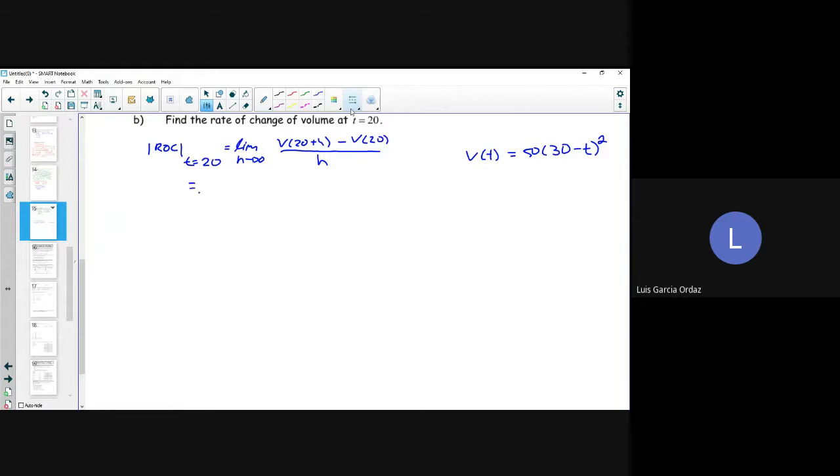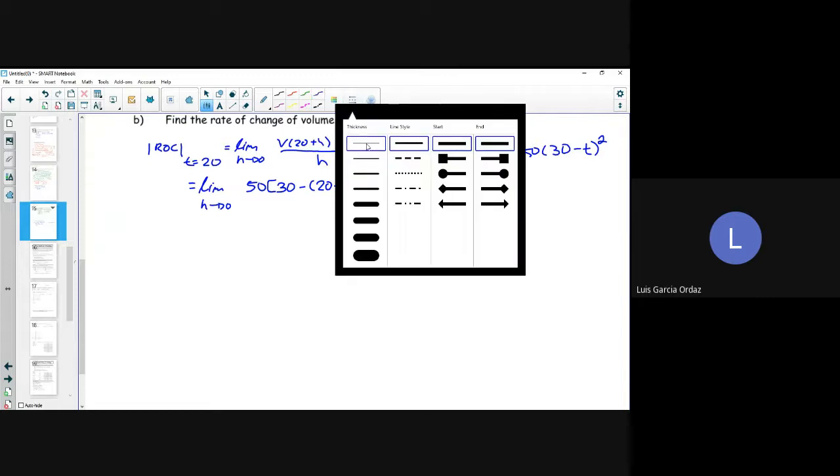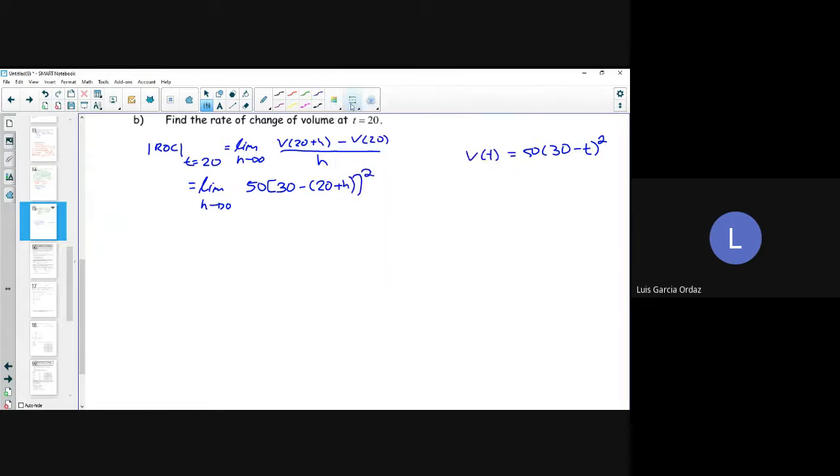So this is going to be our limit as h approaches 0 of 50 times (30 minus (20 plus h)) squared, minus V at 20, which we know is 5,000, and that's going to be all over h.